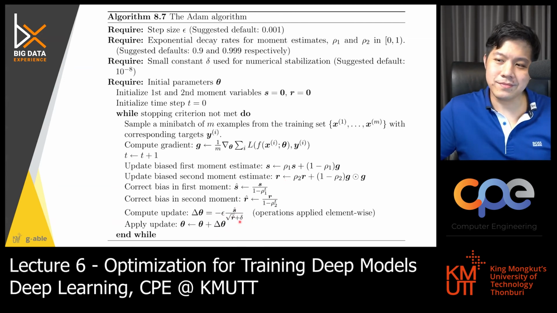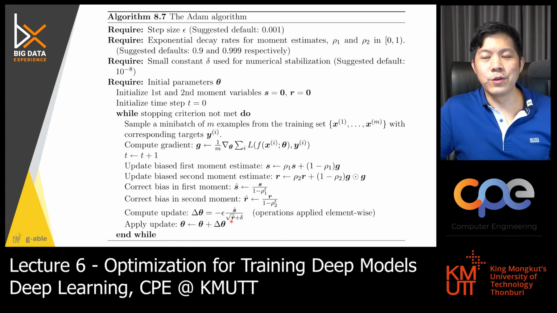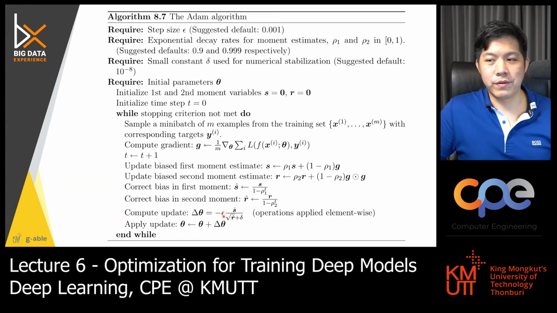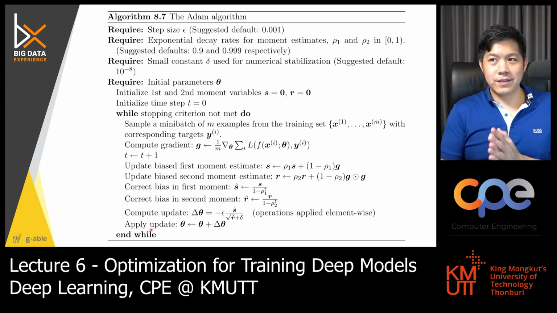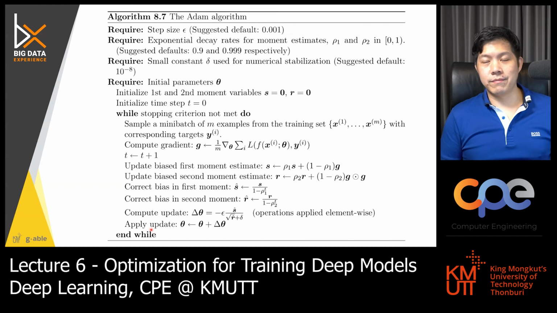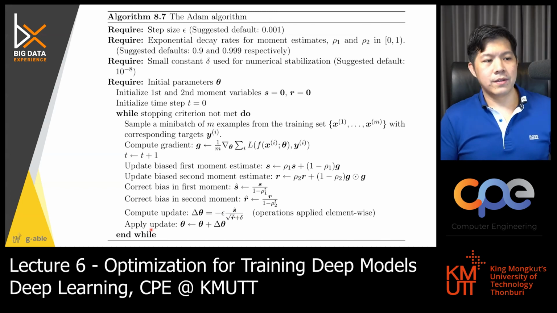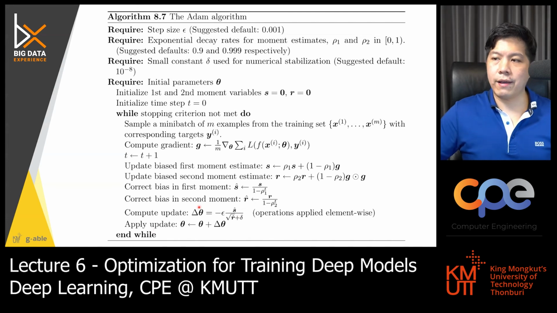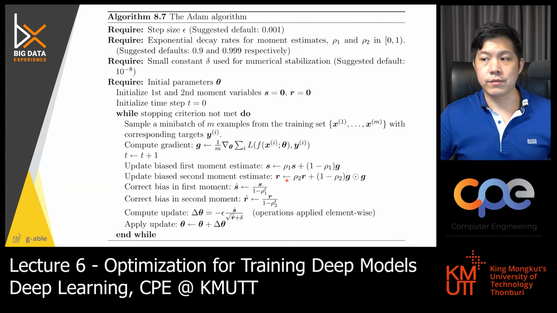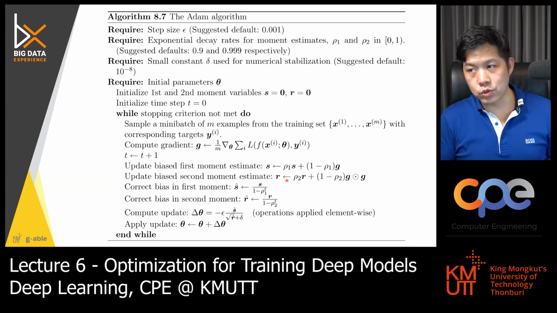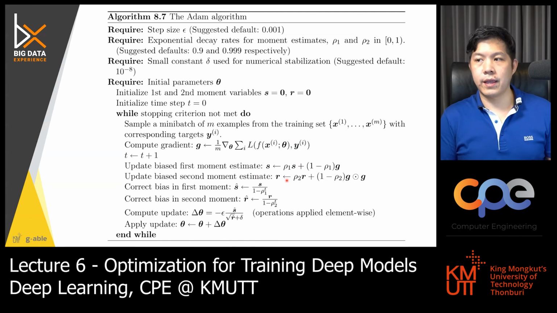The expected value of the second moment controls the learning rate, and here's the normal learning rate, and then use it to adjust the parameters. That's the Adam algorithm. It is actually similar to RMSProp, except that you now have this accumulation, or the expected value of the gradient squared, to control the size of the gradient.